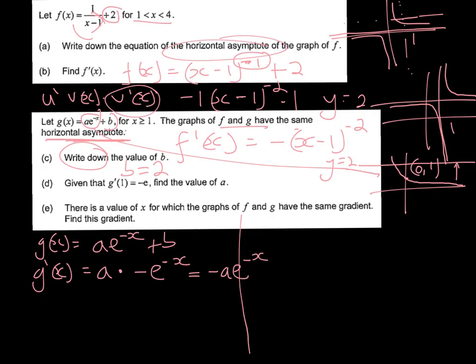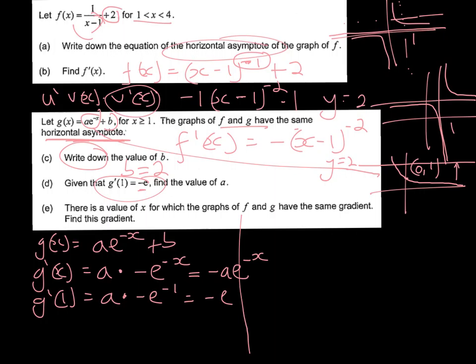We are told that g dash 1 equals negative e. So g dash 1 is going to equal a multiplied by negative e to the negative 1, which we are told is actually equal to negative e.